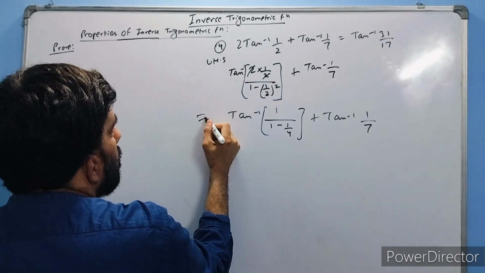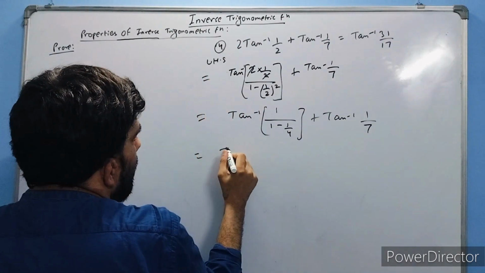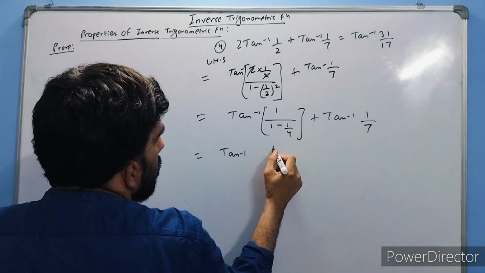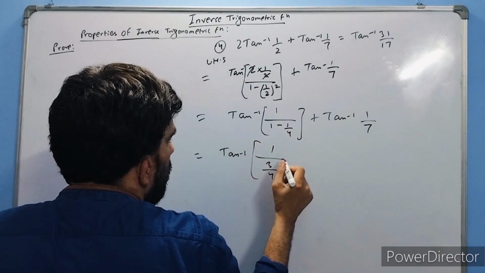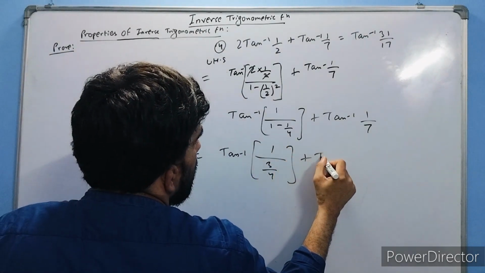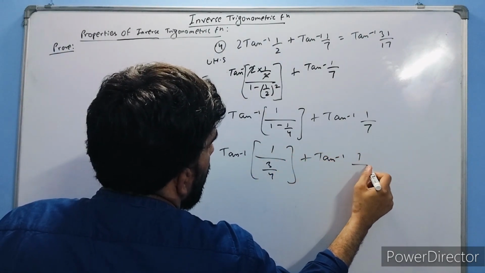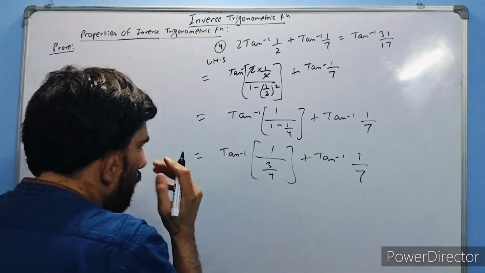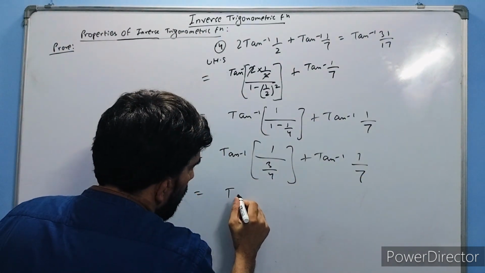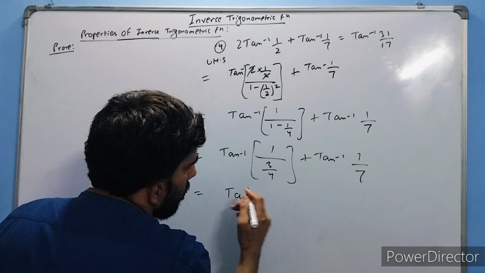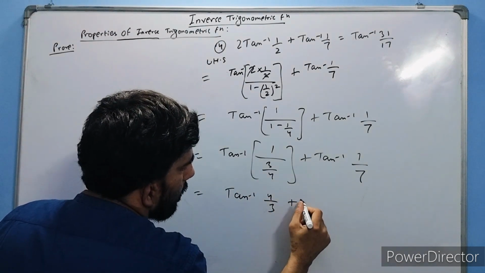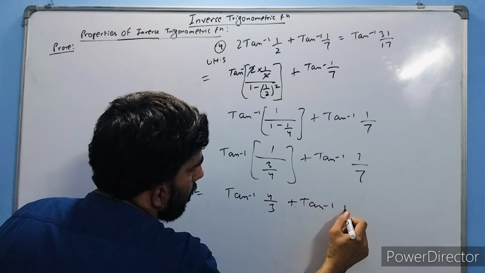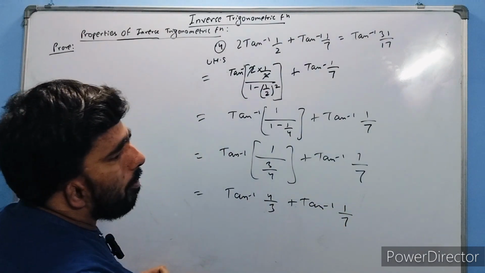So now what can we do here? Tan inverse of 1 upon 4 minus 1, that is 3 upon 4, plus tan inverse 1 upon 7. So now we have tan inverse 4 upon 3 plus tan inverse 1 upon 7.